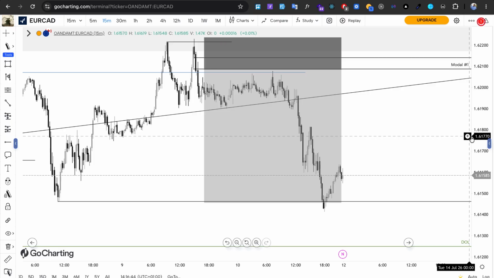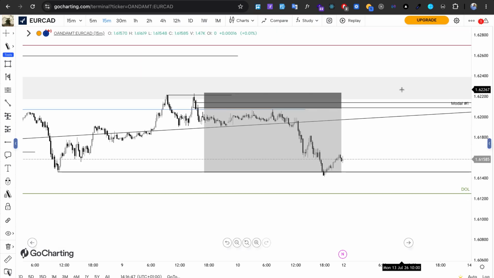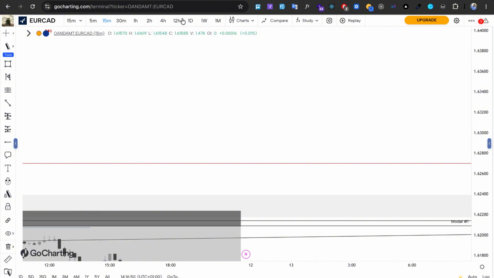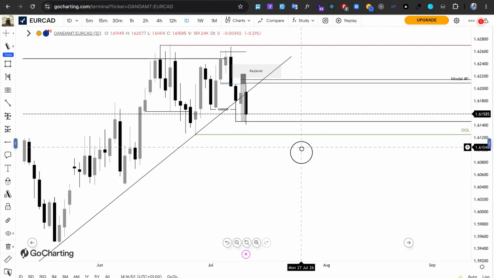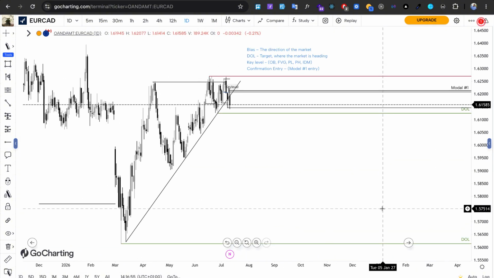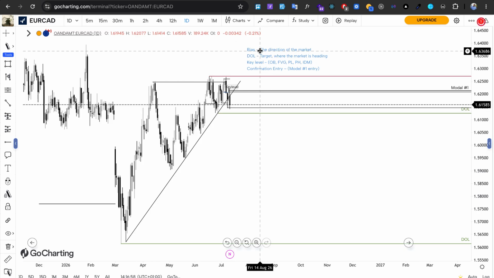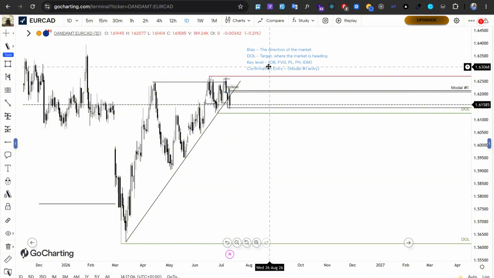So a little recap now. If we look at this write-up I gave before, you can see I looked for the bias, I looked for the GOL, I looked for the key level, a very important unmitigated key level, and I waited for my confirmation entry, which is model 1 entry, and model 1 should have a proper sweep at key time.